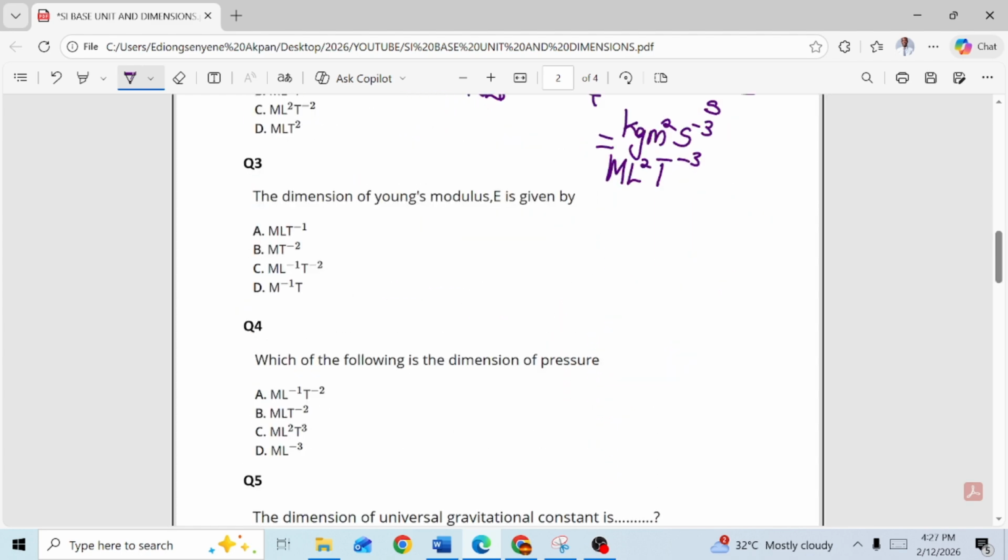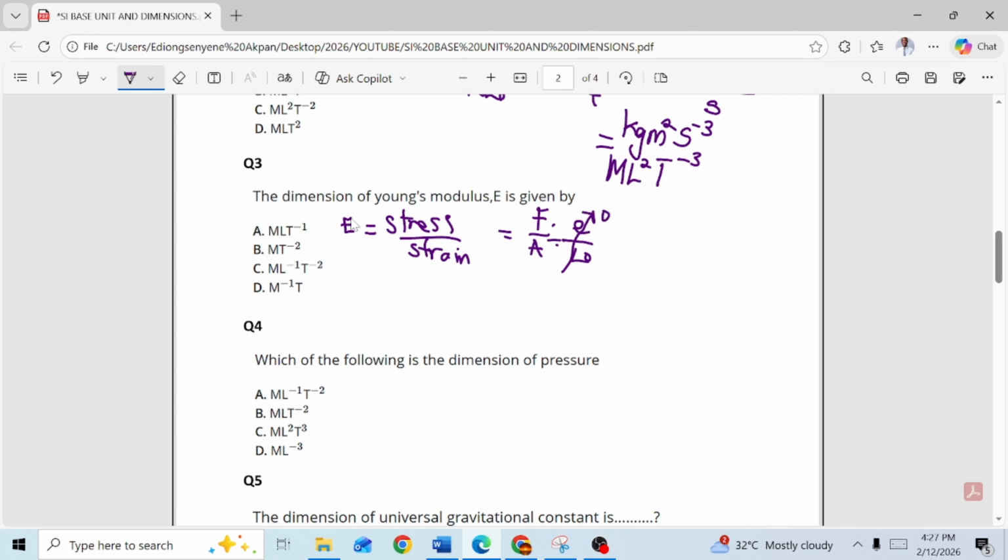Question number 3. The dimension of Young's modulus E is given by dash. Young's modulus is stress over strain, and stress is force over area. Strain is extension over original length. So strain has no unit.